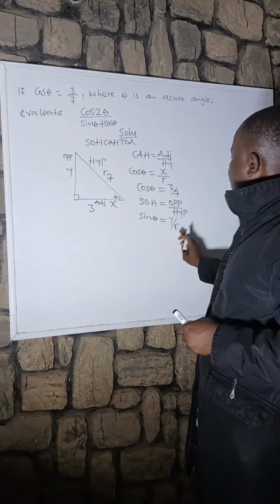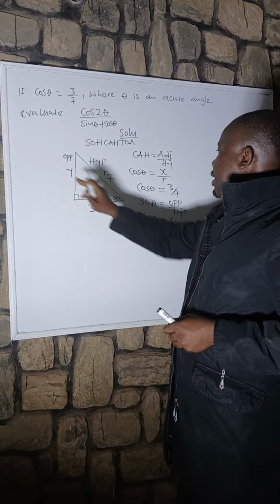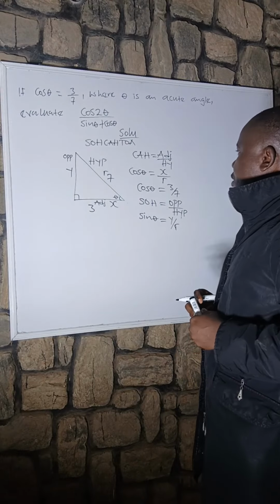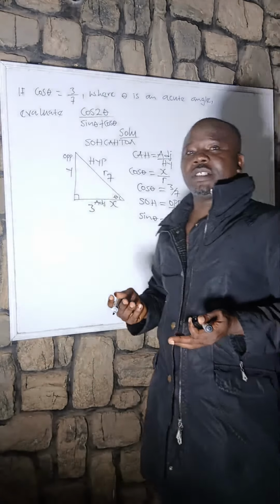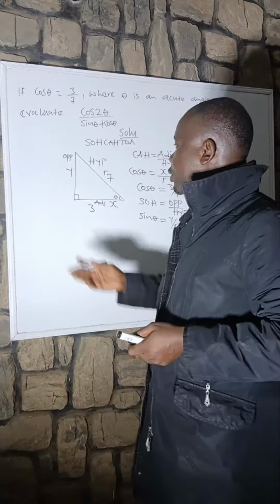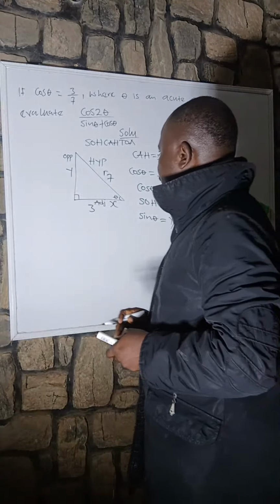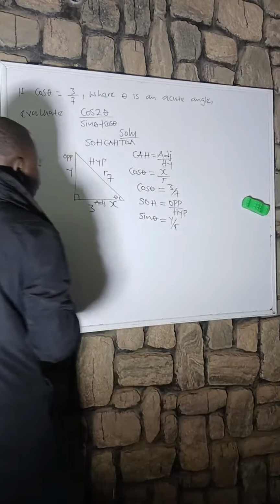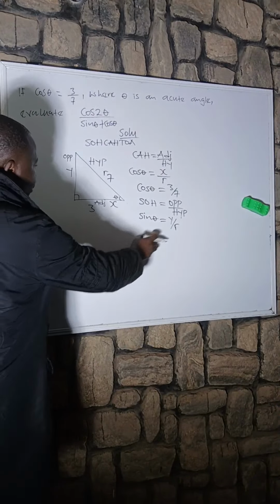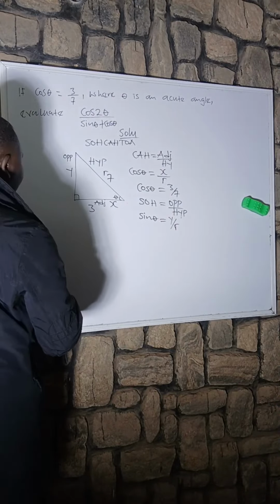And y has not been given. So it means we can use Pythagoras theorem to obtain y, so that we can obtain our sin theta.